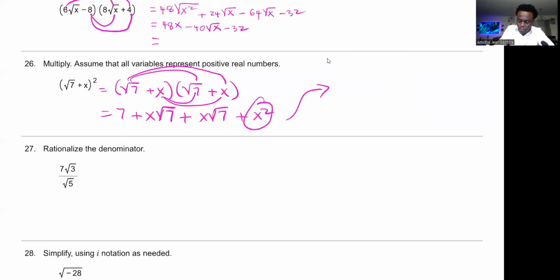The x squared first. And then these two combine: 1x square root of 7 plus another x square root of 7 makes 2x square root of 7, and then plus 7. So that's your answer here.